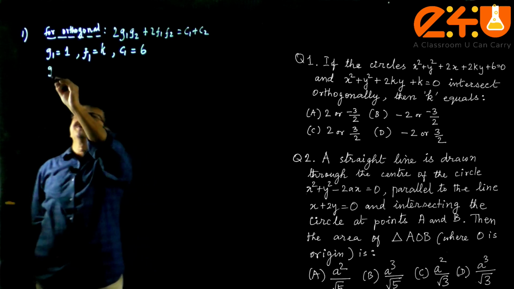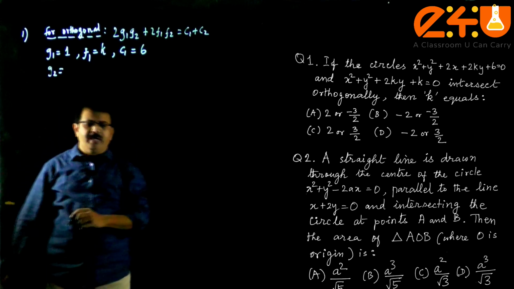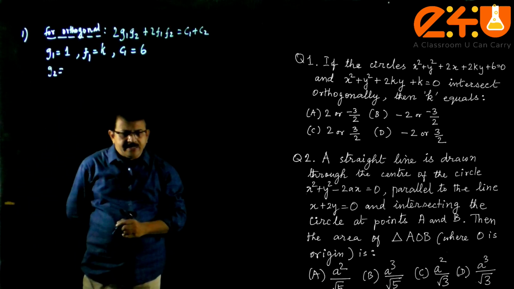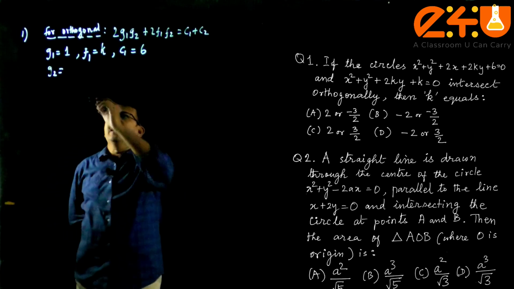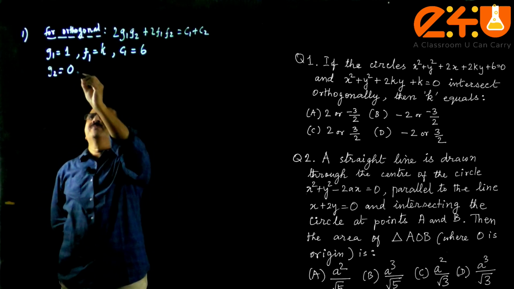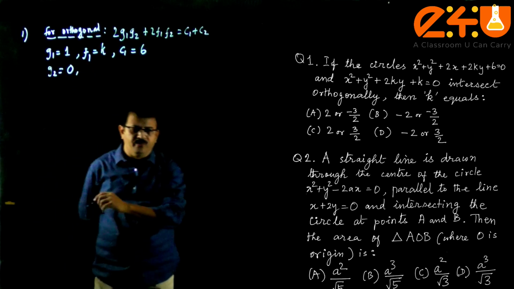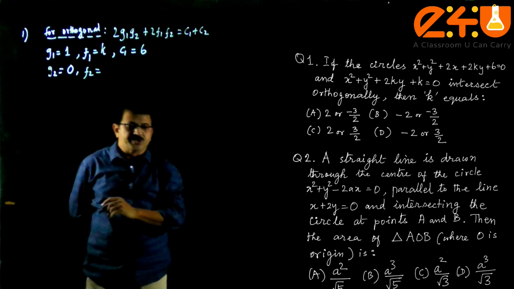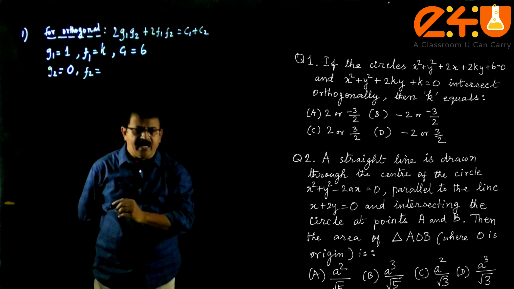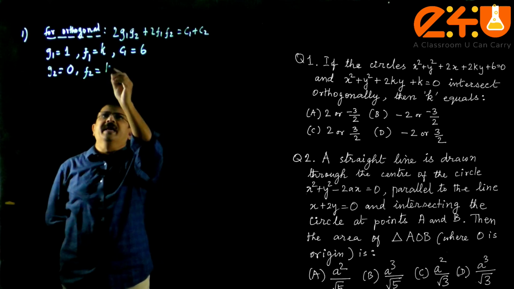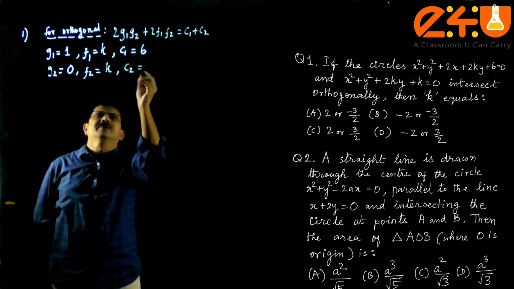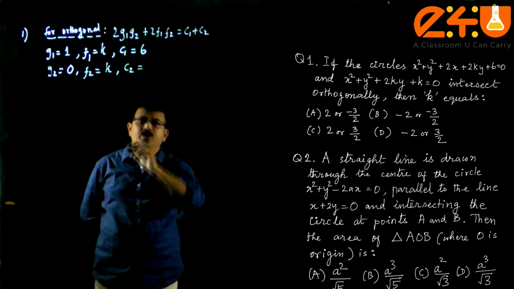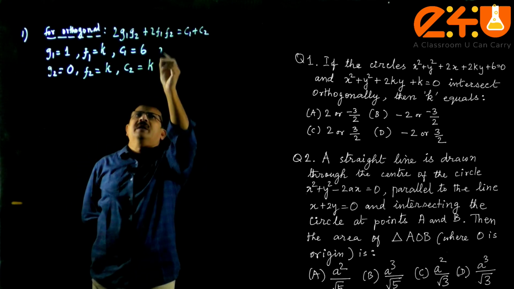Alright, and from second circle similarly I get G2. There is an x term absent, so it is a 0 for G2, and F2 is half the coefficient of y, which is k again, and constant term C2 is k.